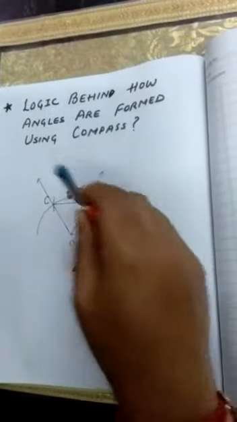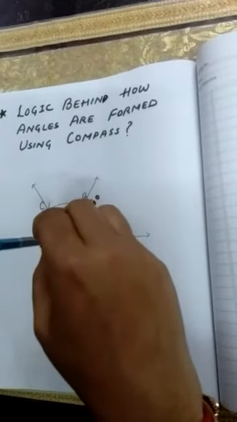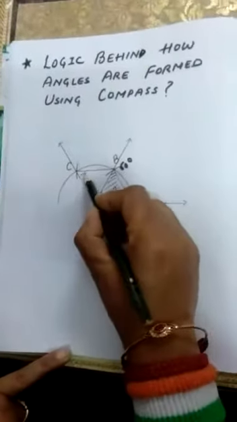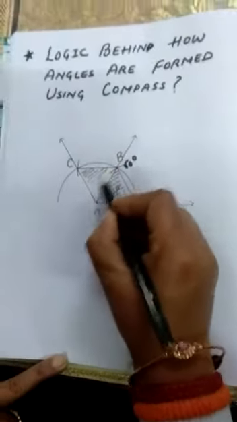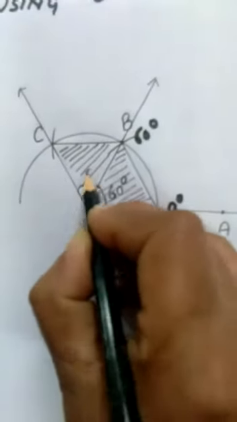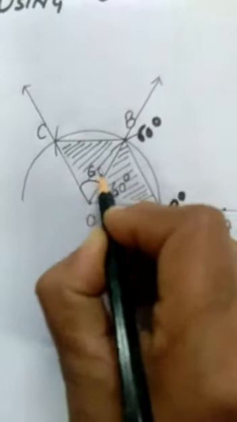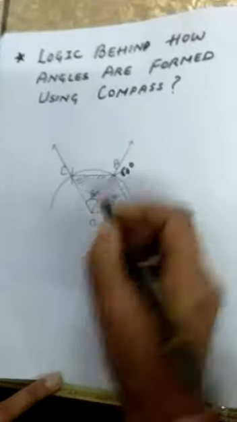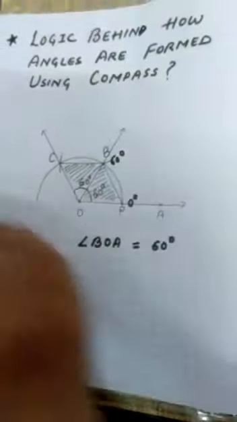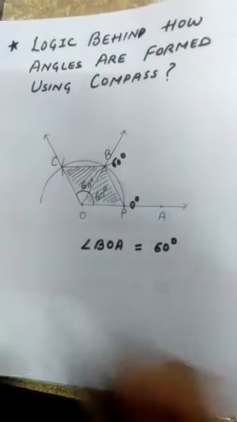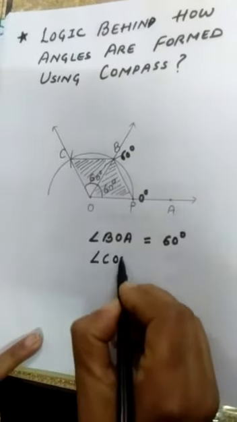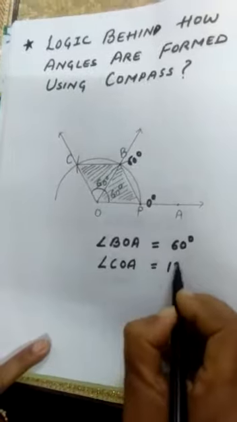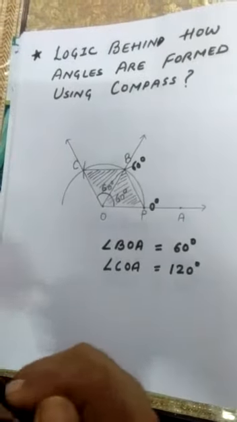So I get another equilateral triangle. Again this is an angle of 60 degree. So 60 plus 60, angle COA is the angle of 120 degree.